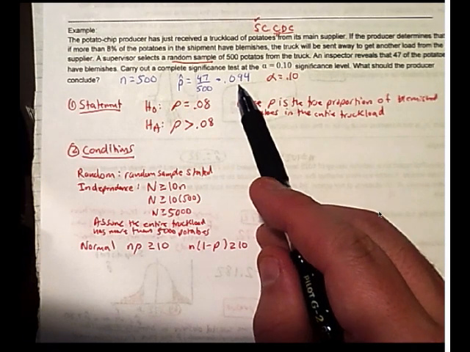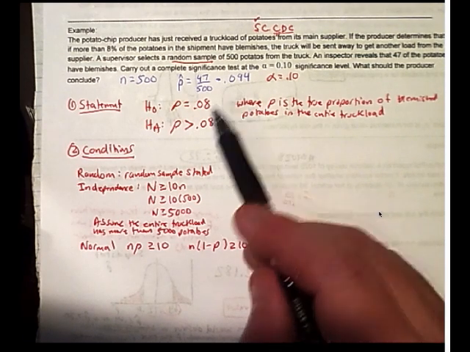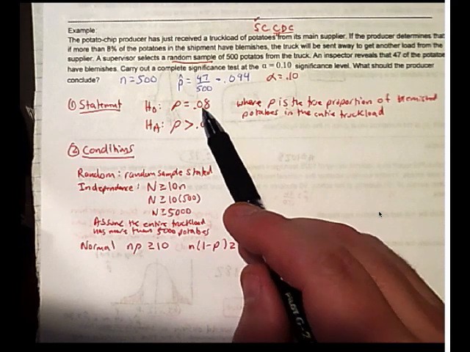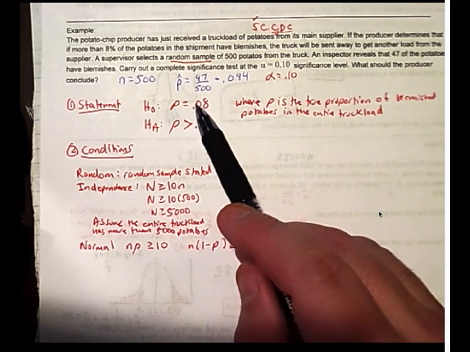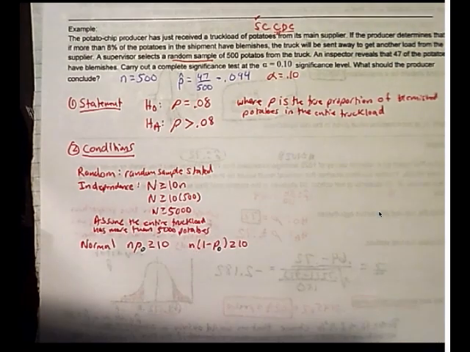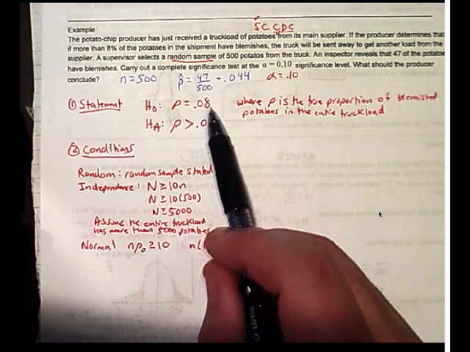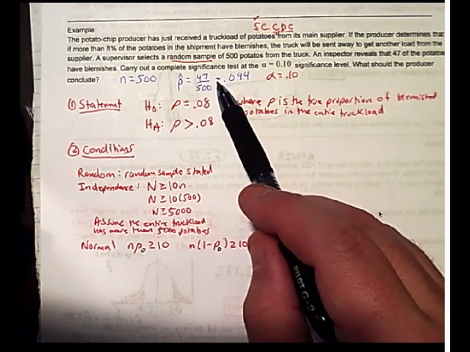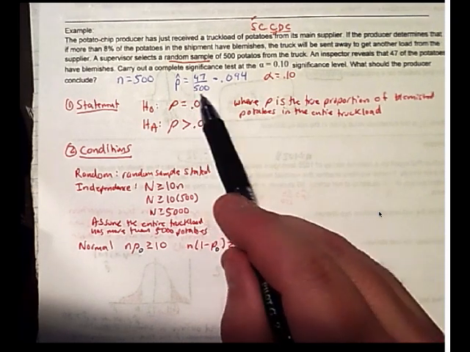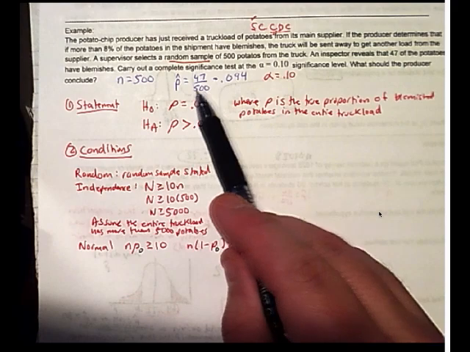Do you use the 0.094, or do you use the 0.08? You use the assumed center of that distribution, which is 0.08. So we're actually going to be using the p naught there. Now if this was a confidence interval, we have no idea what that is. So when it's a confidence interval, we use p hat. But in a test, since we're assuming some p, this is what we use.